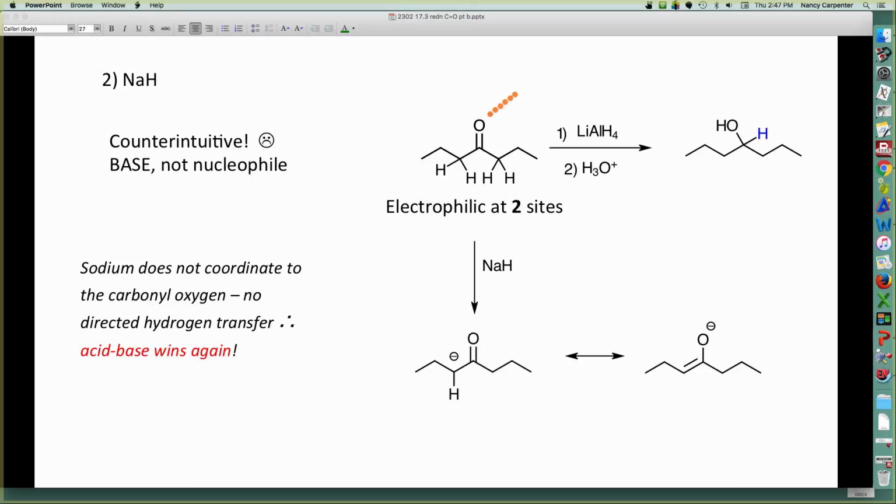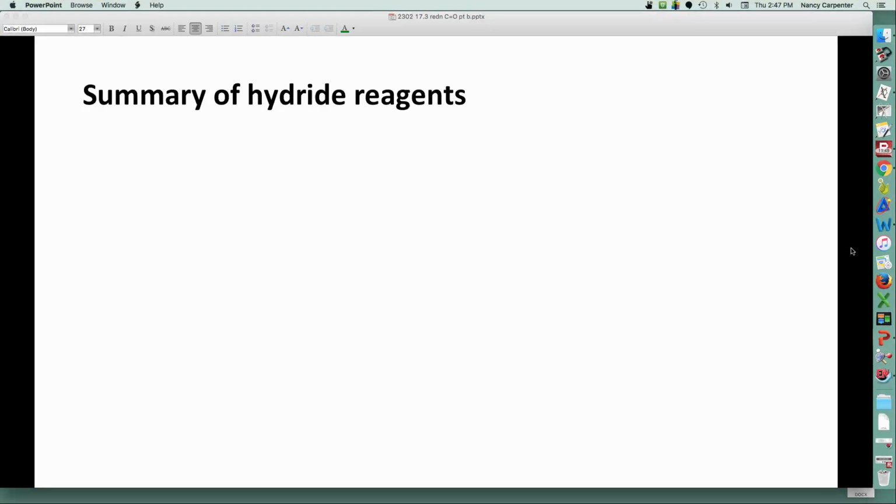My oxygen is coordinated to the lithium aluminum hydride, and that holds the H- close by, so it gives you the reduction product. But the sodium hydride is not coordinated to the carbonyl, and so it just goes straight for the acid-base reaction, which again wins, and that's why sodium hydride is a base and not a reducing agent. So some fine details here.